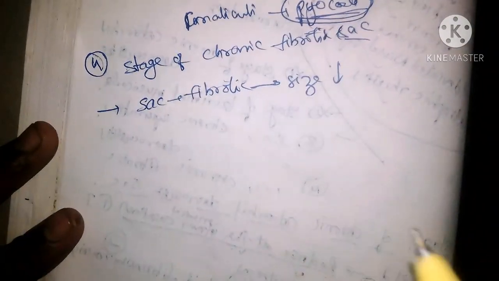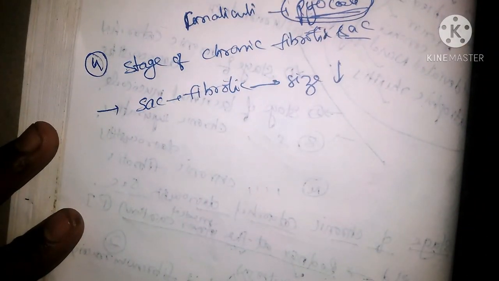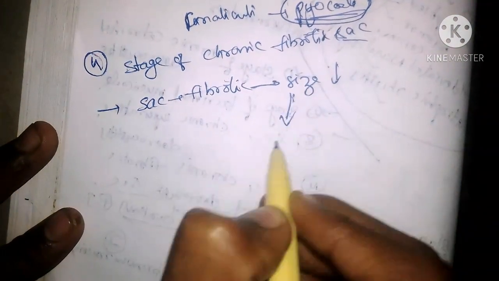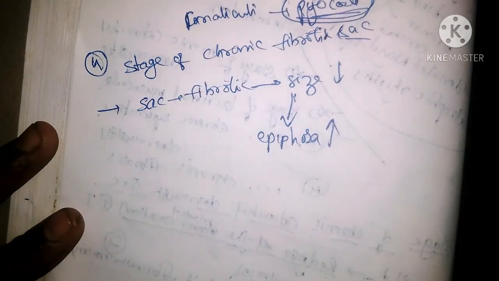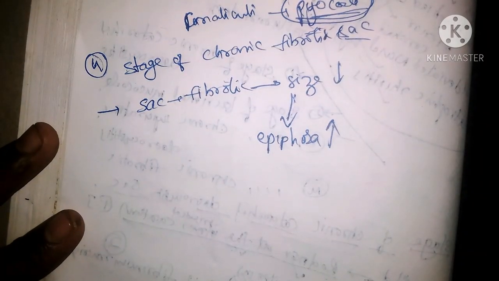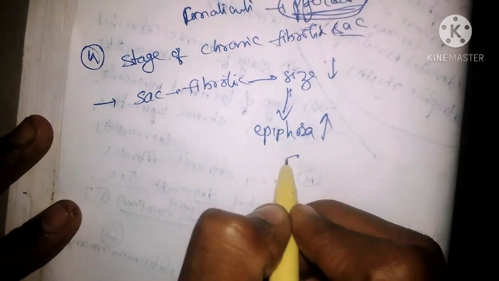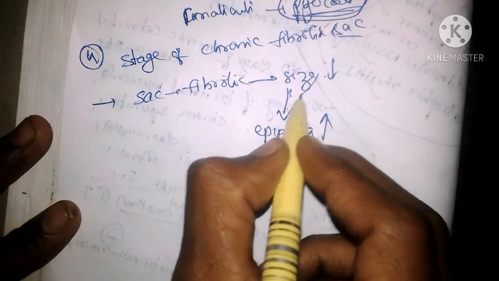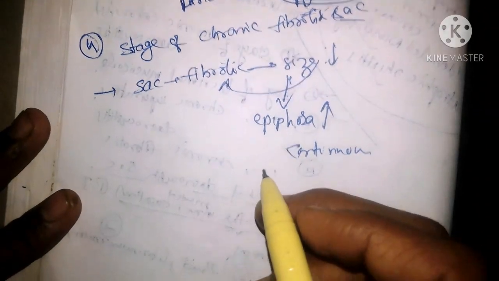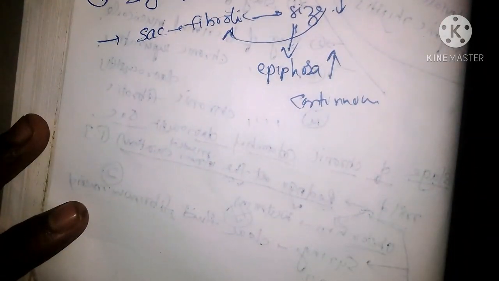As the size decreases, the capacity of the sac decreases, so it cannot hold the tear in its cavity. So the epiphora will be more. Clear? Otherwise, we can say there will be continuous overflow, because the capacity of the sac has decreased due to fibrosis. Clear? So these are all the stages.